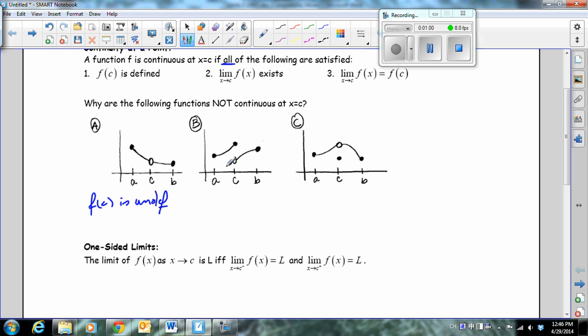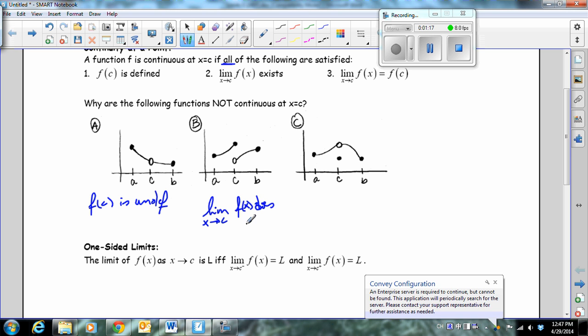This is not continuous because the limit as x approaches c of f of x in this specific case does not exist.